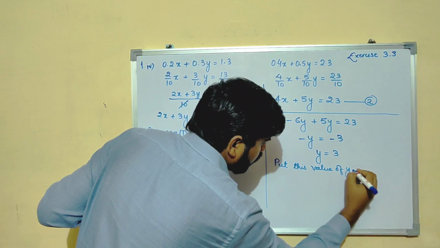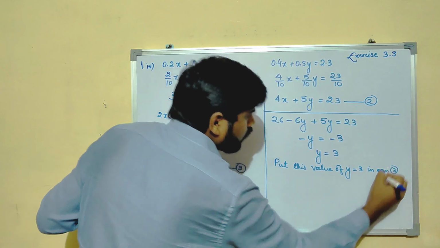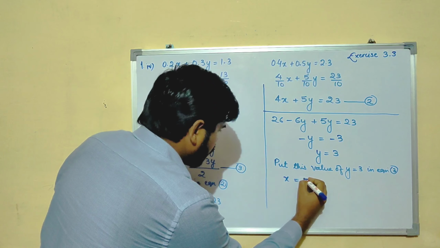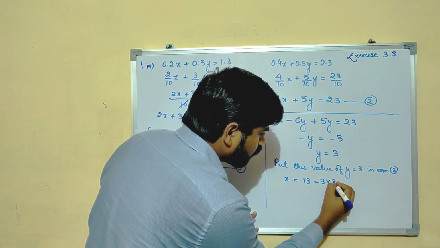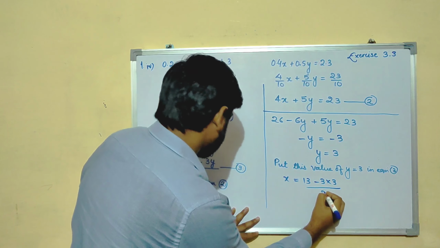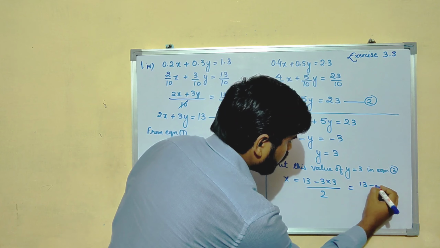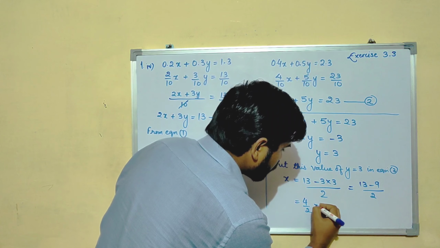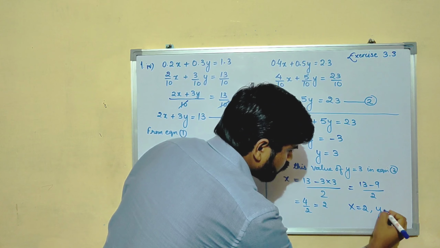What was equation 3? x equals 13 minus 3y upon 2. That means 13 minus 3 into 3 upon 2. Solve this. You will get 13 minus 9 upon 2, or 4 upon 2, which is 2. So your answer will be x equals 2 and y equals 3.